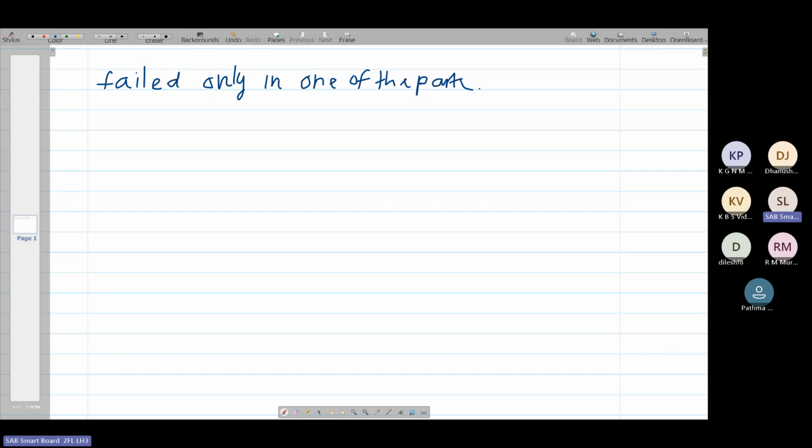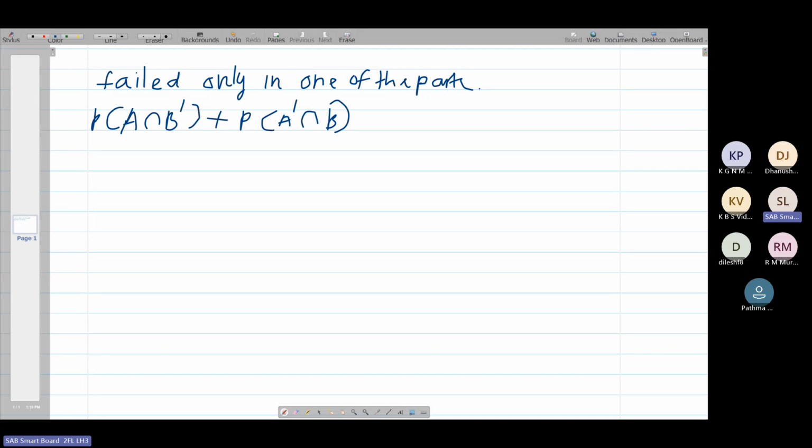It means A only plus B only. Yes. Here, one of the parts is failed, or we can say one of the parts is passed.